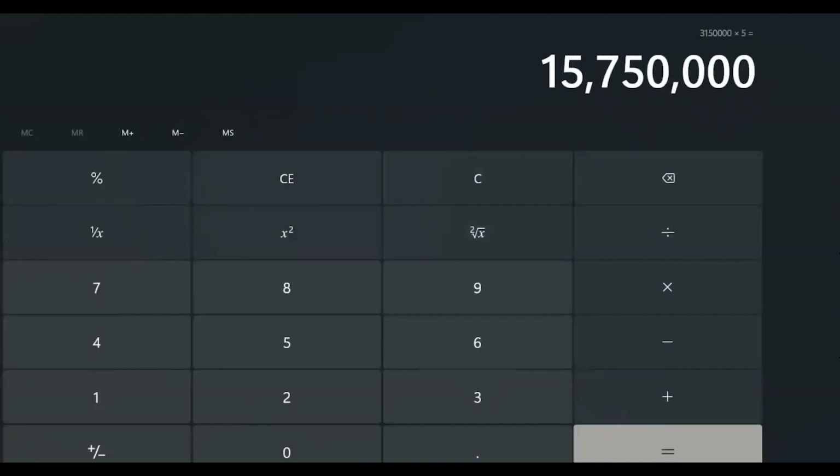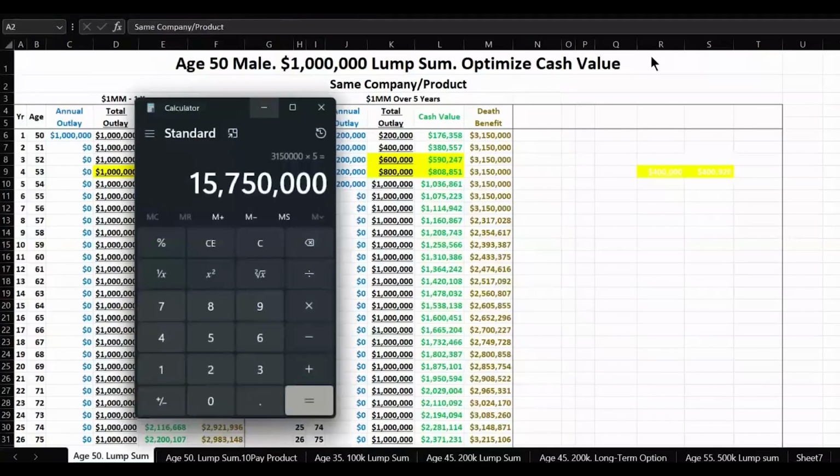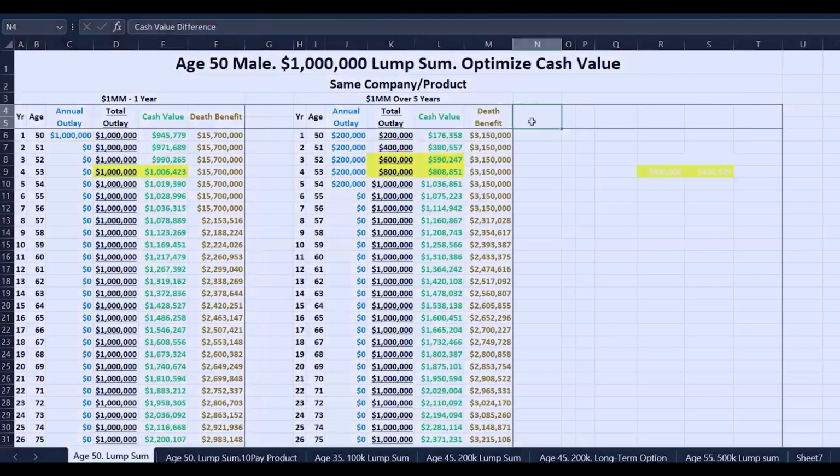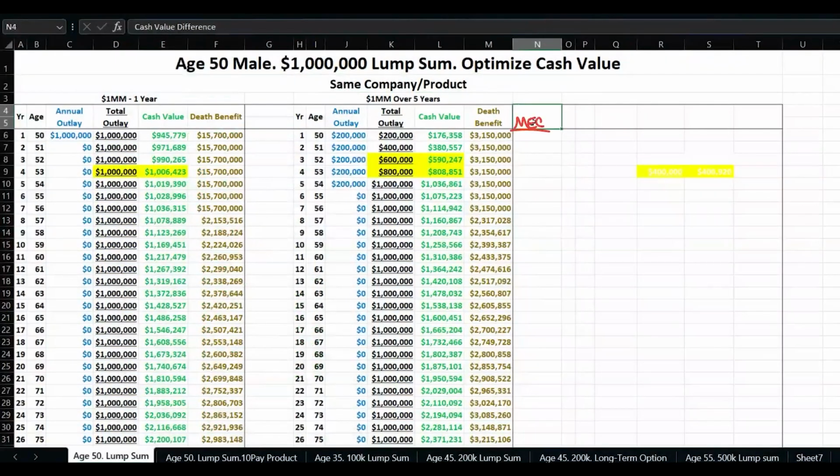What was the death benefit on the one-pay scenario? 15.7. So I can fine-tune this to make it exactly 1/5 of 15.7. But what we've done is reduced the death benefit to what? To the dollar amount needed to give us a MEC limit of $200,000.